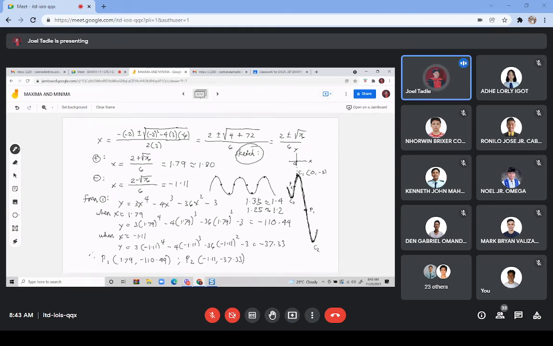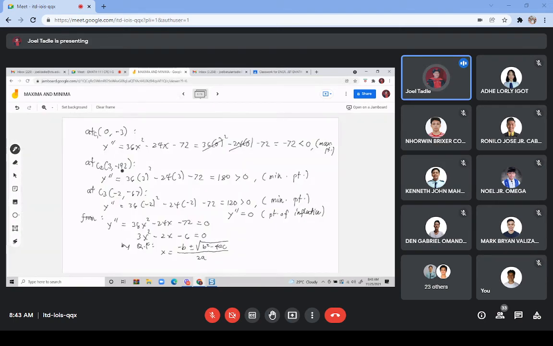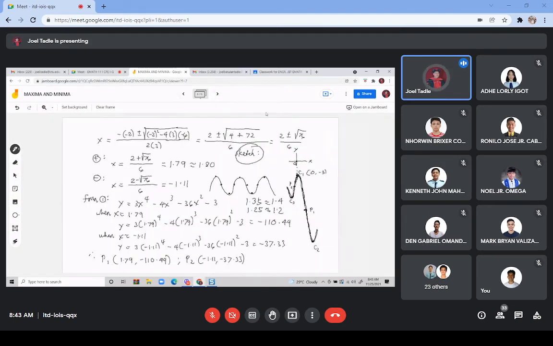Then the ordinate is negative 192. That is very far, so we go down, and we assume it is somewhere there. This is an assumption. So this is our critical point number 2.